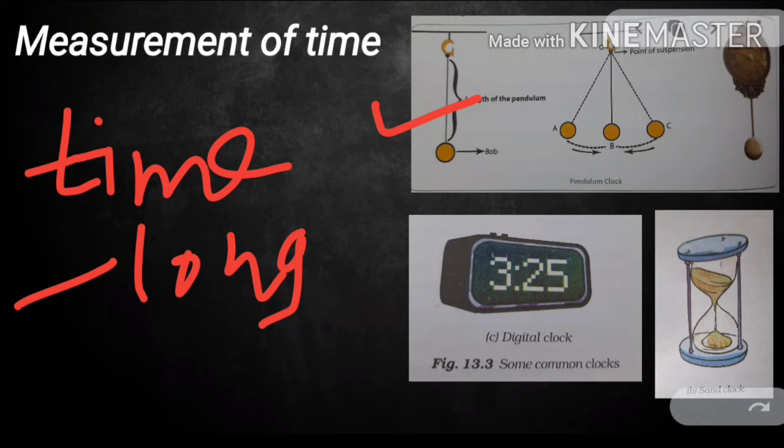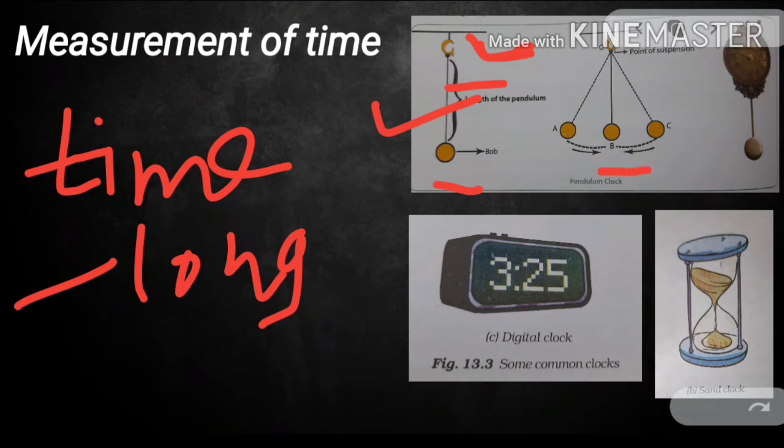A simple pendulum consists of a small metallic ball that is called bob. Then it is suspended by a string from a frictionless rigid support. This is the support, then the string, and then a metallic ball that is known as a bob.